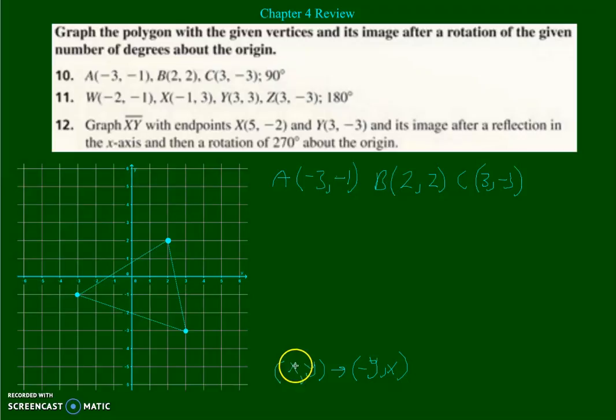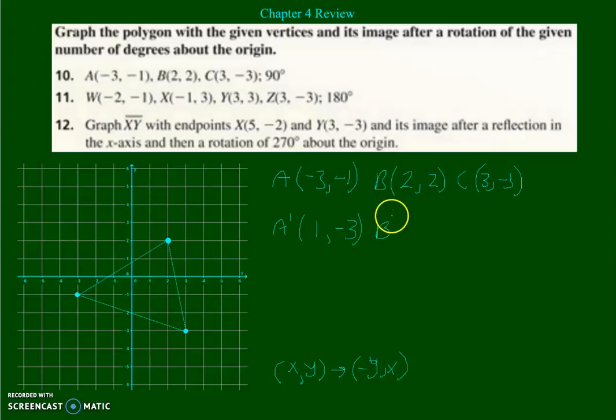We take our original x coordinate and it becomes our new y coordinate. So for A prime, -y, so we take our y coordinate, change its sign, it becomes our new x. Then the x coordinate becomes our new y.